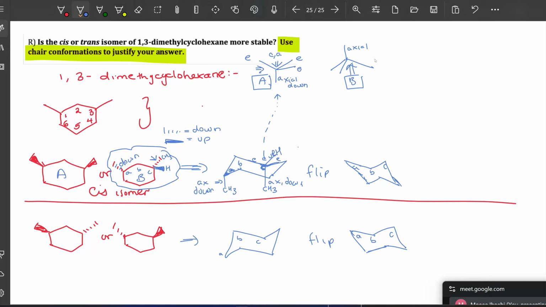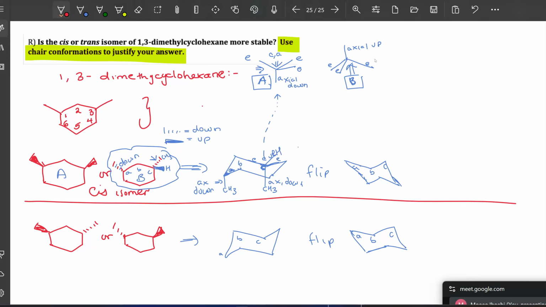There is nothing else that is going down. Identify whichever case of the carbon you're looking at. Is it case A or case B? For case B, it's the equatorials that are going down. The axial is the one going up. Okay, I think I'm understanding a little bit more now.